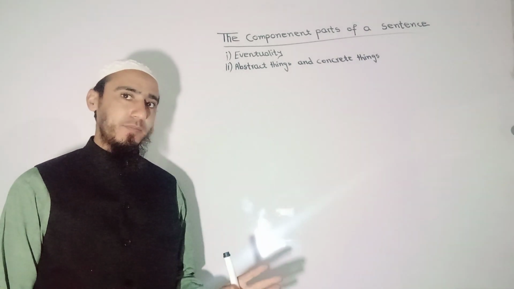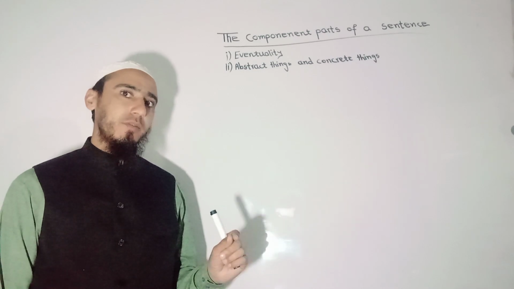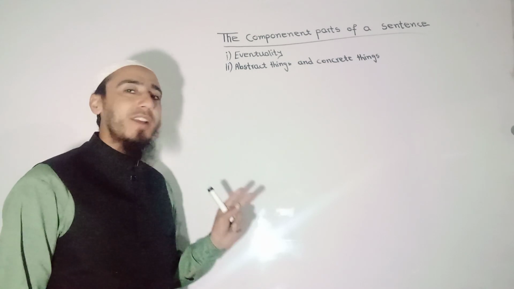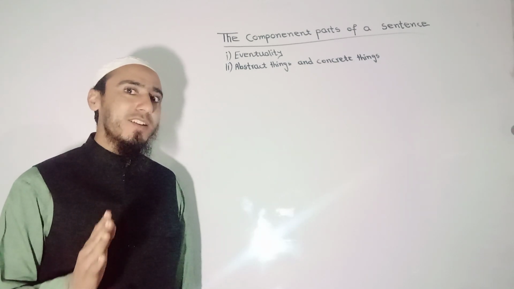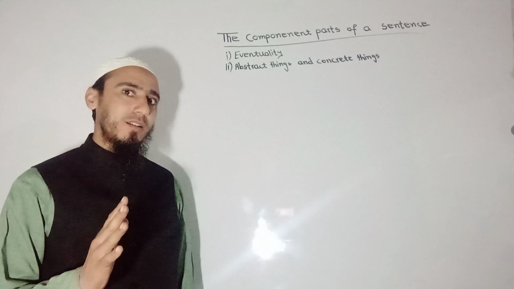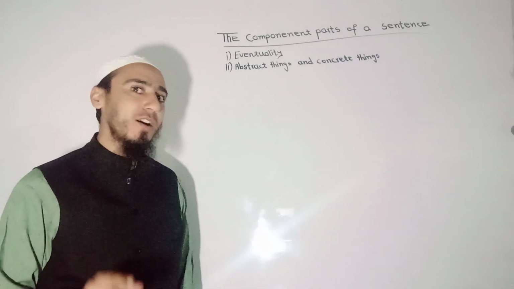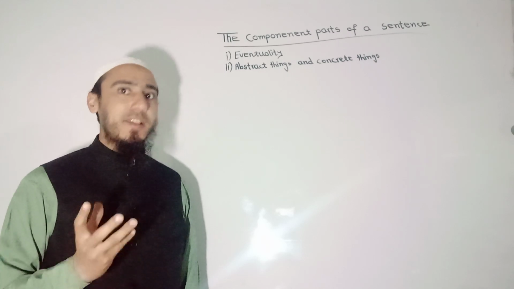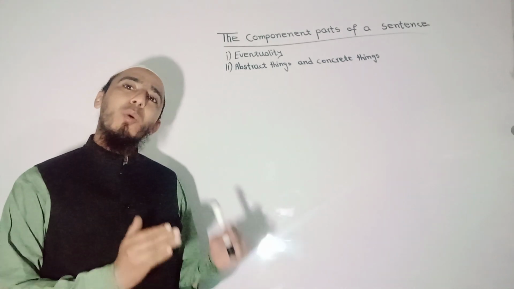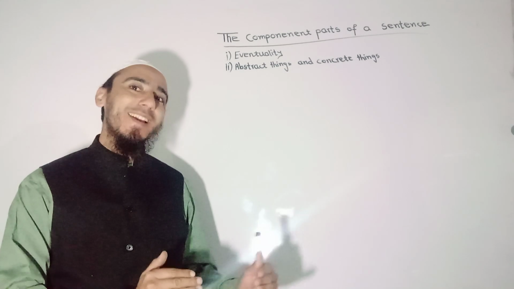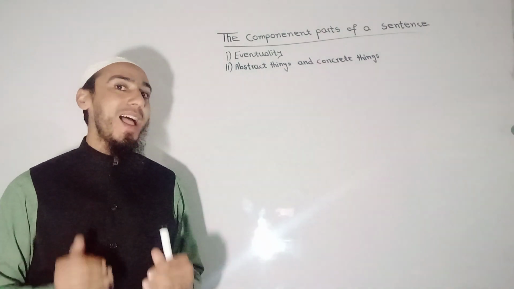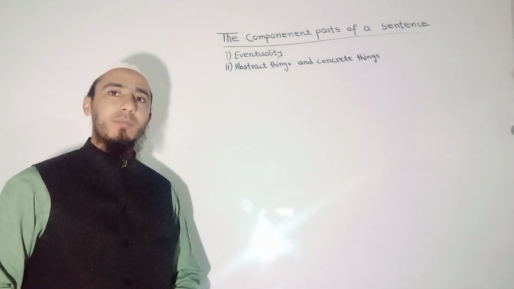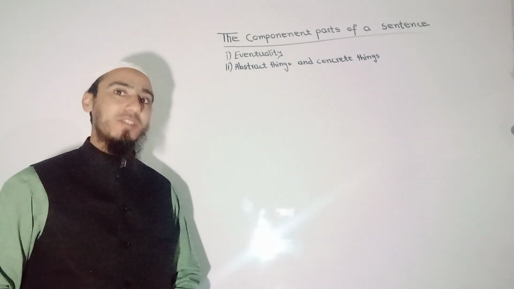Let's listen, audience. In the previous lecture, almost 2 days before, I told you that the basic component and the whole component of a sentence is VP, which we call verb phrase. And the verb phrase is preceded by a noun phrase, and it can also be followed by a noun phrase. What does it mean?